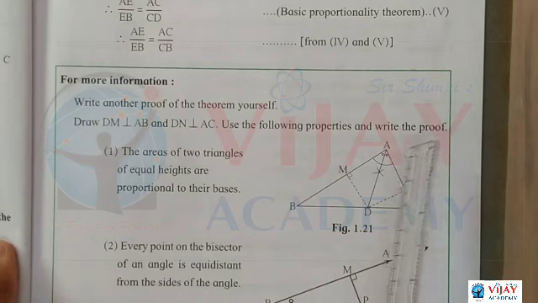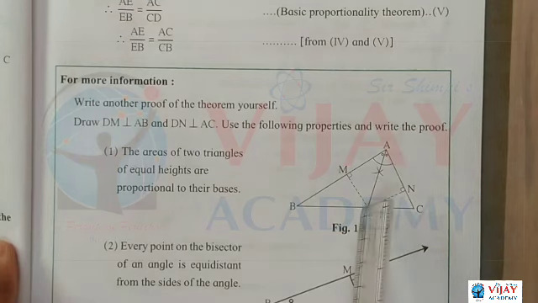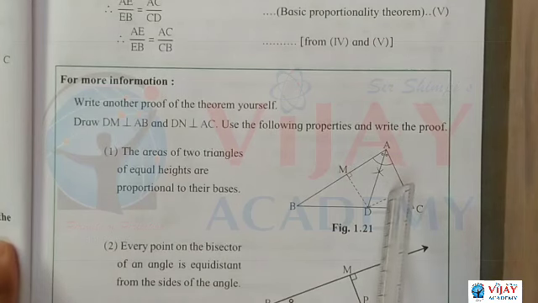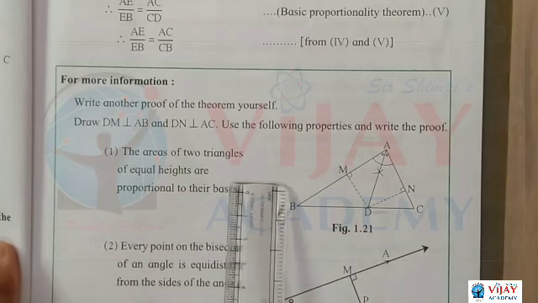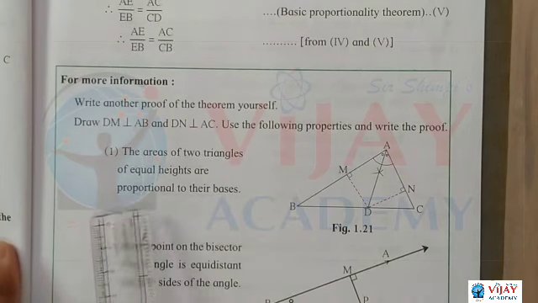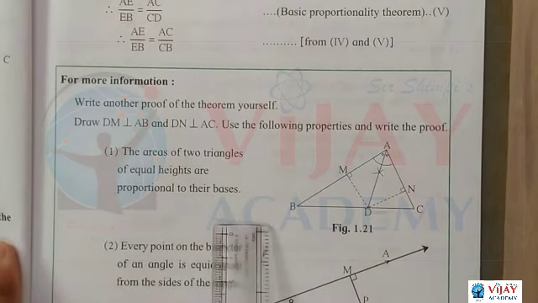So in this case both the triangles have the same height, so their areas depend on their corresponding bases. Areas of two triangles of equal heights are proportional to their bases.